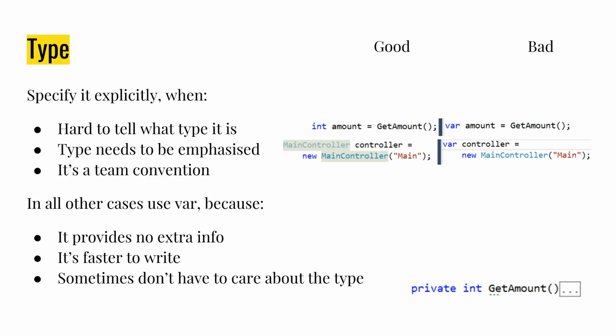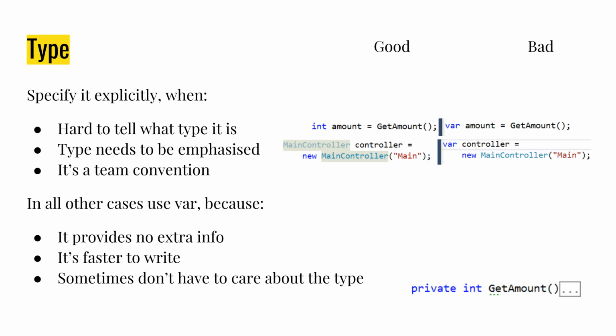When a type needs to be emphasized, we might want to also write it explicitly. In this case, it's not so useful. MainController can be with var, but writing MainController emphasizes it.